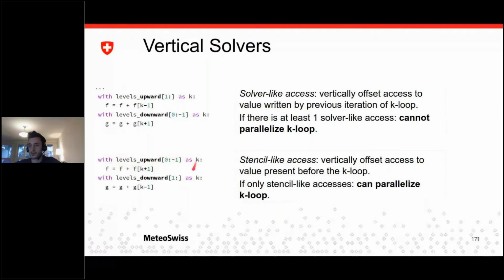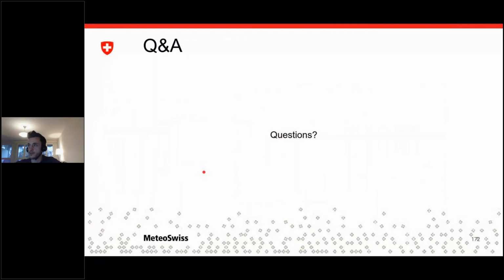Of course, you need to look at a copy of the field from before, but this gives the opportunity to parallelize. Okay, so here we conclude the presentation. Any questions?